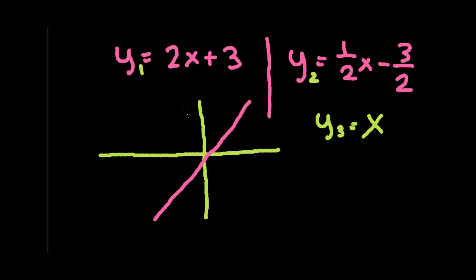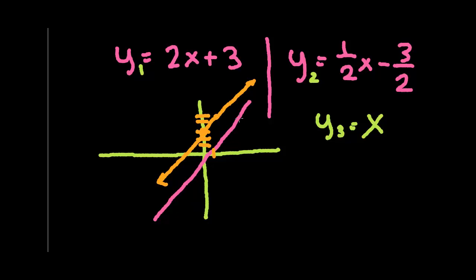So let's do this one here, let's graph 3. 1, 2, 3, that's our y-intercept. Then we go up 2 over 1. So this is our line here. Probably didn't pick the best example, and I don't have a graphing calculator.